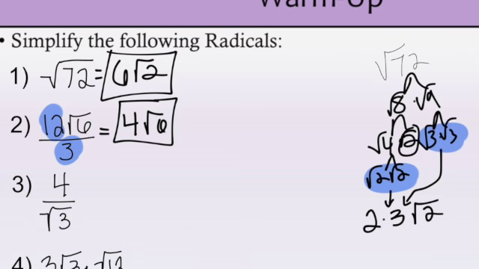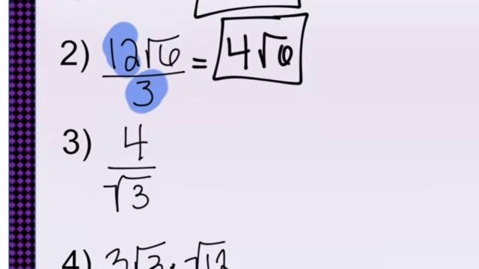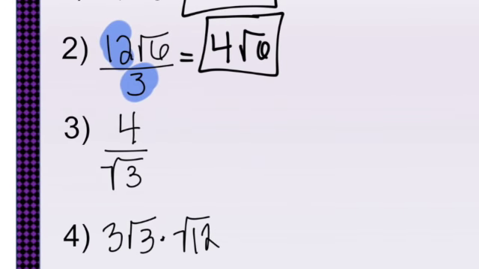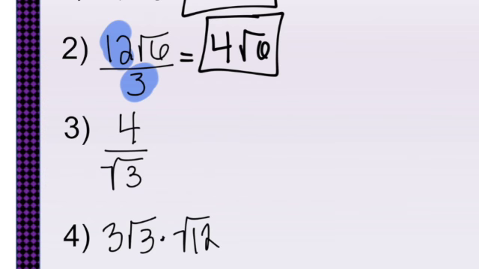And then for number 3, we saw this closer to the beginning of the year, but this has a radical in the denominator, which we can never have. So to get rid of the radical, we're going to do something called rationalizing the denominator. We're going to multiply the top and the bottom by radical 3.